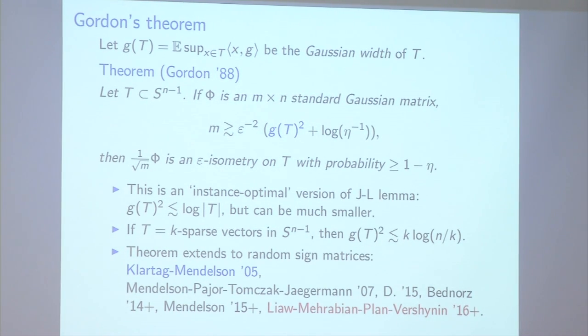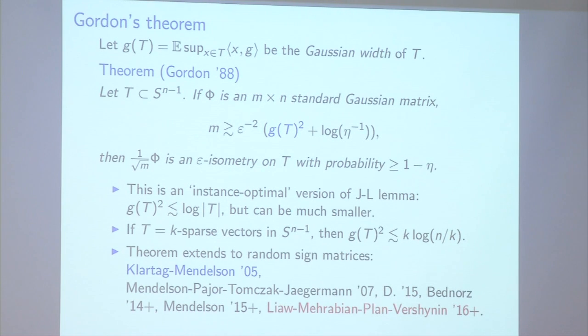So now, what I would actually like to do is show you one proof of it, the most recent one. And I picked this one because it's closest to Jelani's talk, actually. So closest to your background, let's say. But first, before I do that, I want to talk a little bit about this Gaussian width parameter.